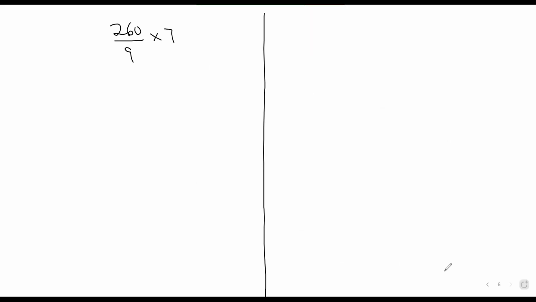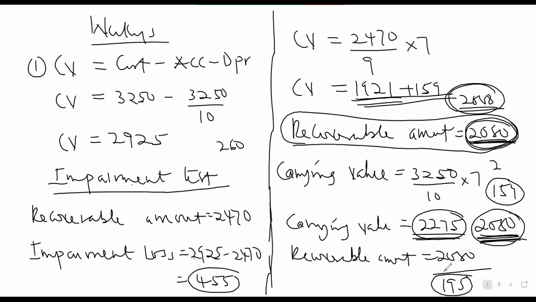So I'm getting 202. If this has not been impaired, the residual value should have been 2.